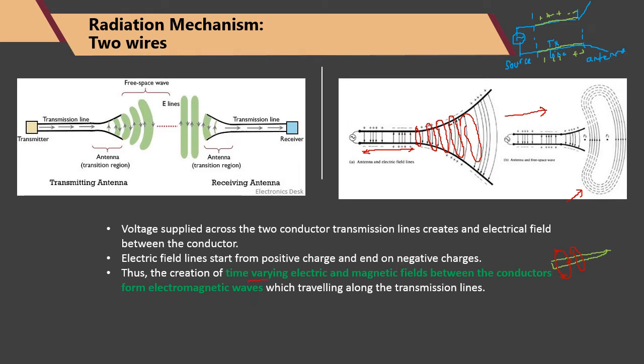Okay, so the time varying electric and magnetic fields between the conductors, within here, create electromagnetic fields, and then it is released into the free space. Okay, and the signal or the wave will be transmitted via free space or any transmission medium to the end recipient.